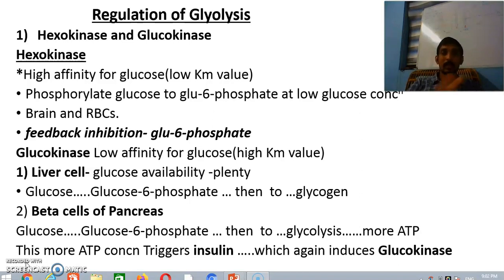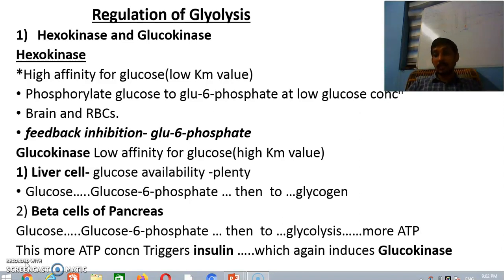That also takes place within glycolytic regulation. And when we move to glucokinase, glucokinase shows low affinity for glucose than hexokinase, so its Km value, the Michaelis constant, will be high. For example, you can see glucokinase in the liver and pancreas.